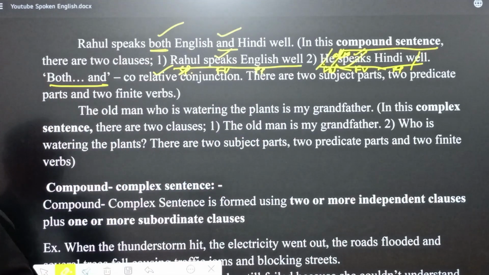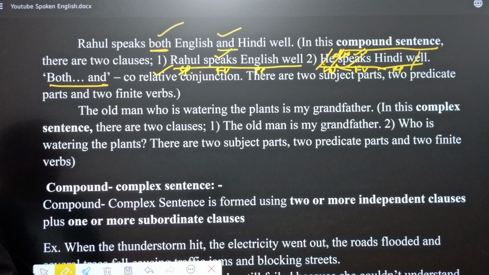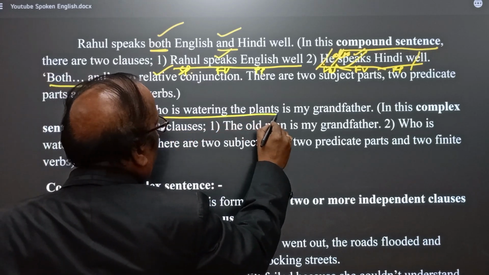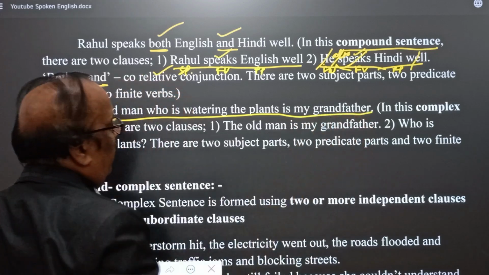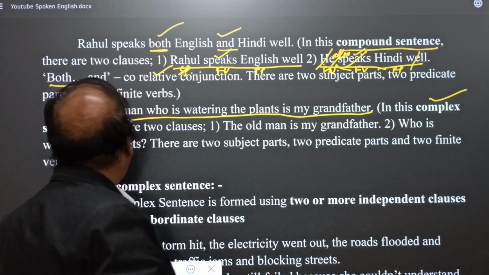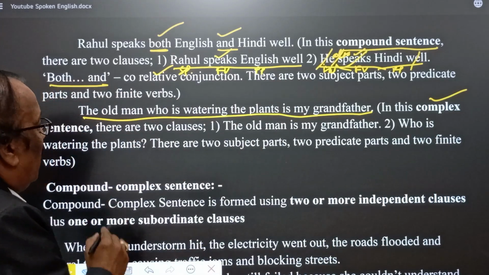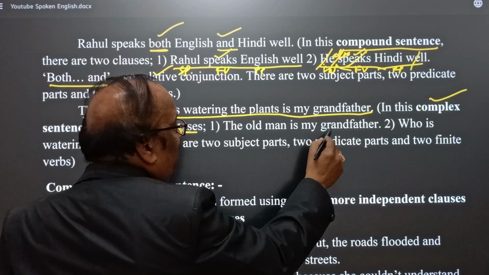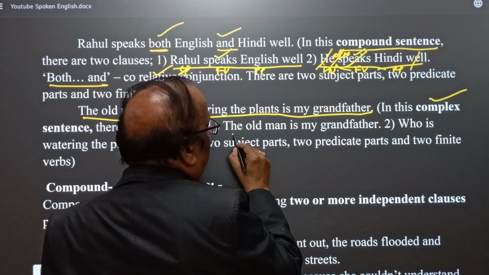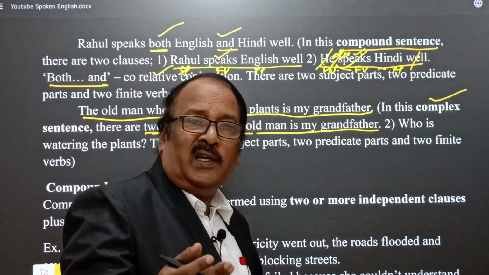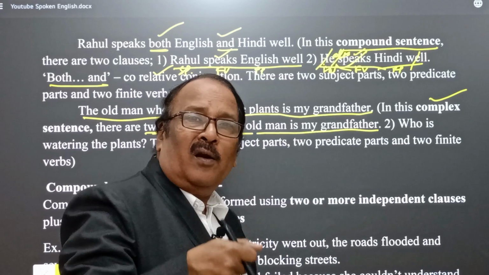Now, the man who is watering the plants is my grandfather. This is a complex sentence, and in this complex sentence there are two clauses. Here, the old man is my grandfather is one clause. It is a simple sentence and an independent clause.